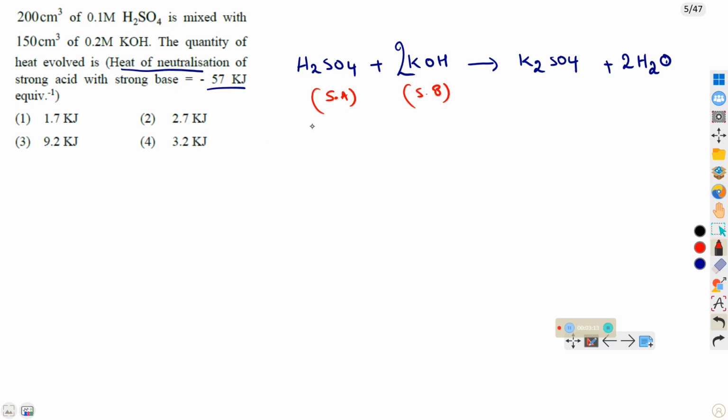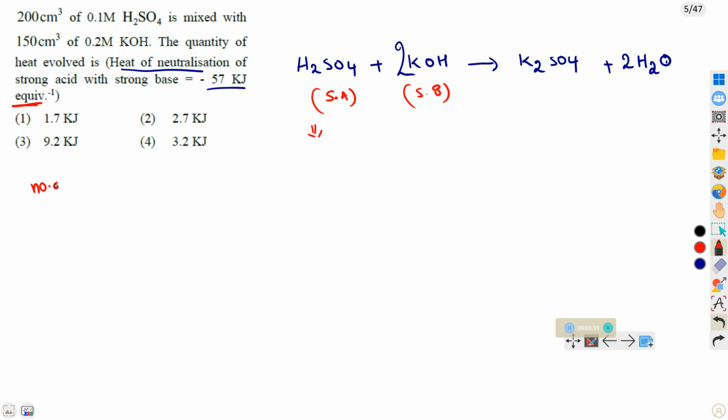First, according to the given data, calculate the number of milliequivalents of acid. Volume is given in ml. Here the heat is given in kilojoule per equivalent, so calculate the number of equivalents.